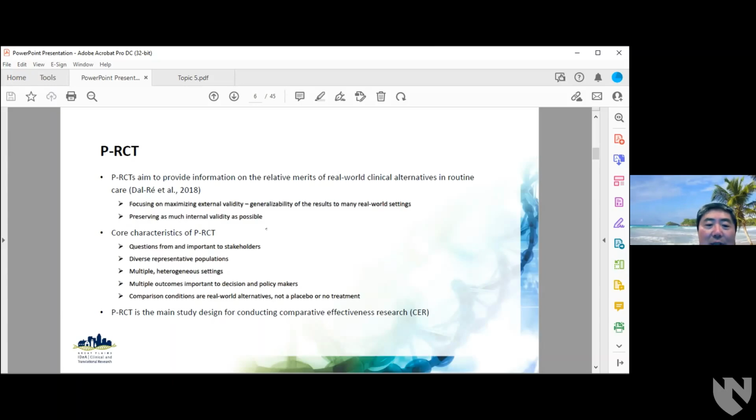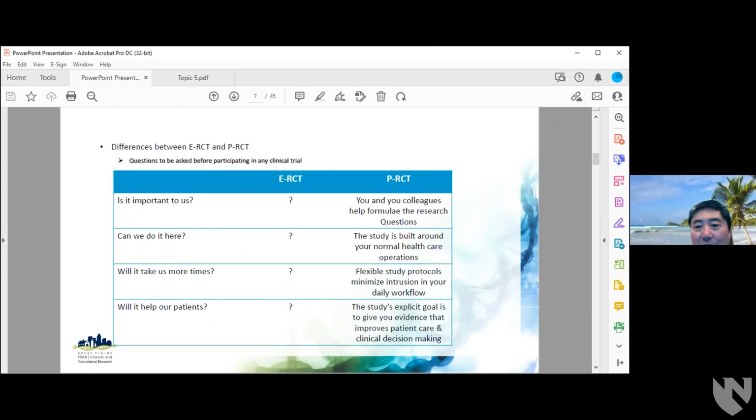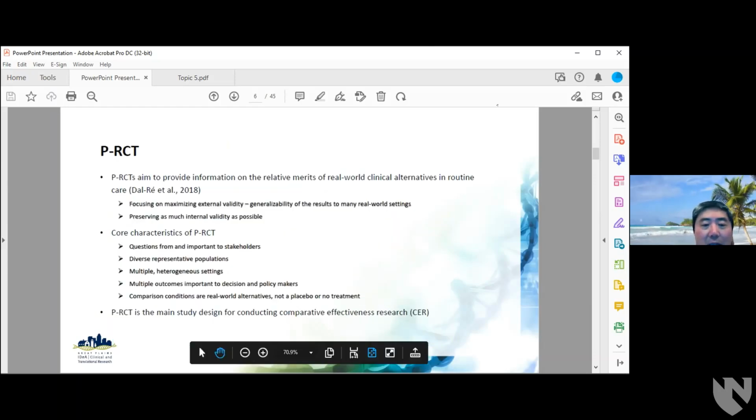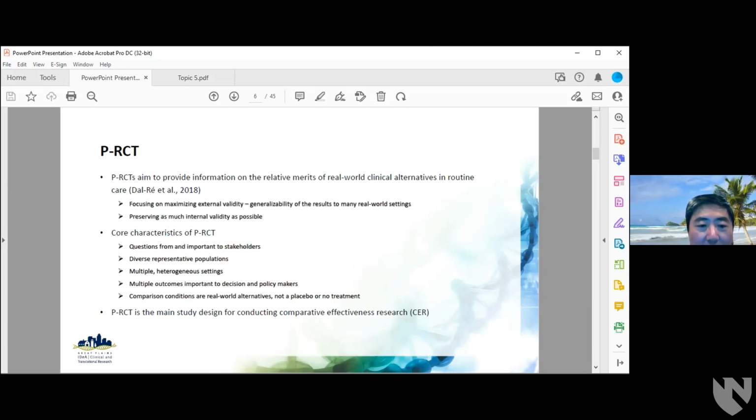Now, relative to the ERCT, what are the core characteristics of the PRCT? The question does not necessarily have to be a very innovative scientific question. A lot of the time the research question is directly important to stakeholders. Somebody cares about this study.